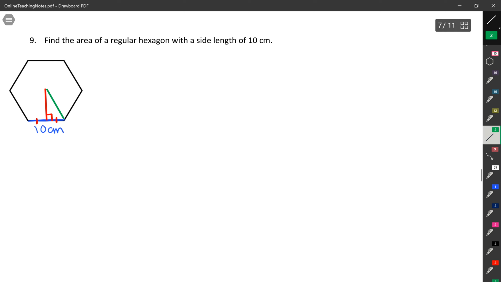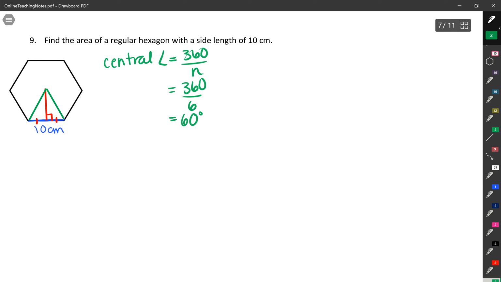We'll make that green. So the central angle here is going to be 360 divided by n. So that's 360 divided by 6, which is 60 degrees.